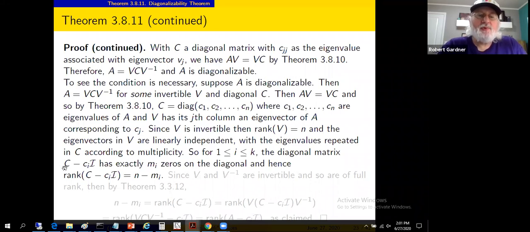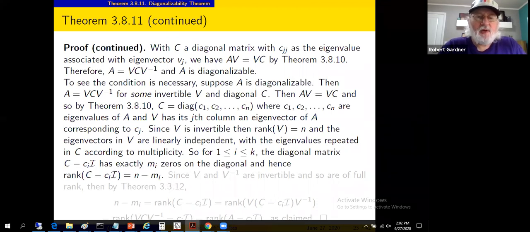Then that'd produce 3 zeros in the matrix difference along the diagonal. All right. So that matrix difference has exactly m sub I zeros on the diagonal. All right. Then if we look at the rank of C minus C sub I times the identity, that'll be n minus m sub I. Why is that?